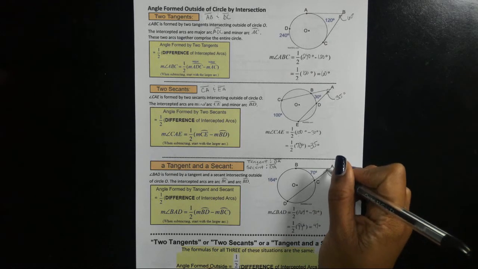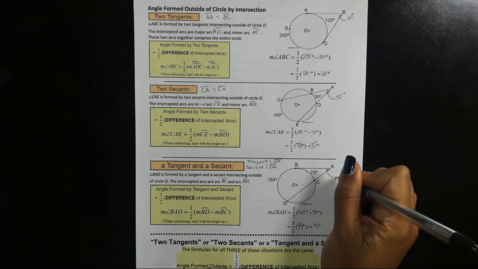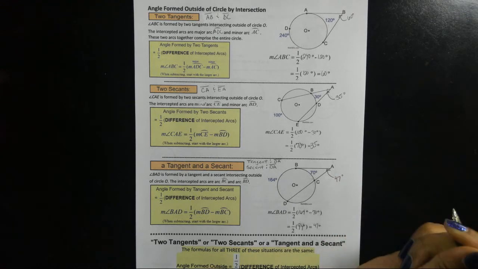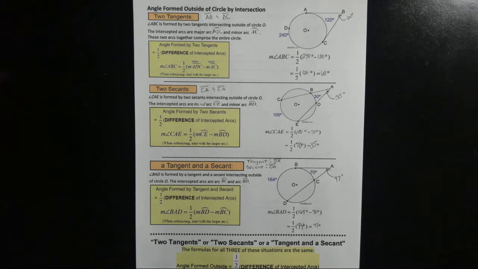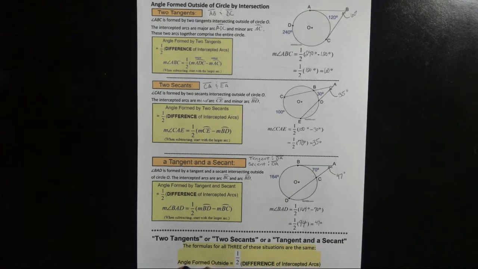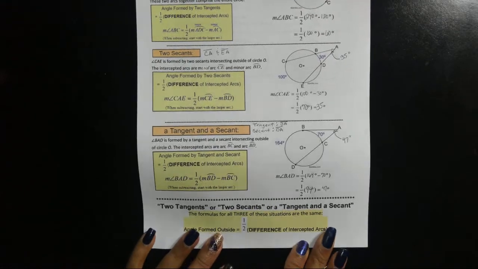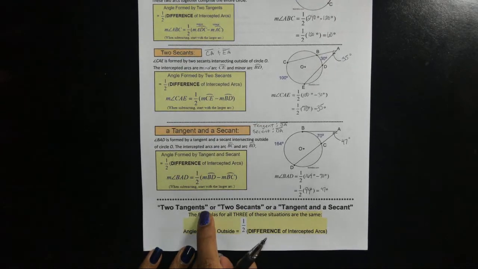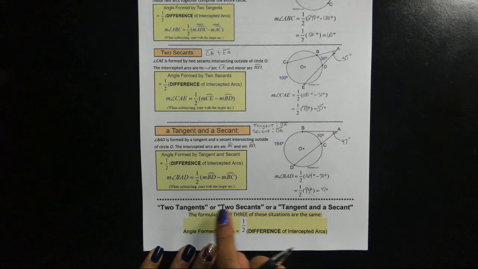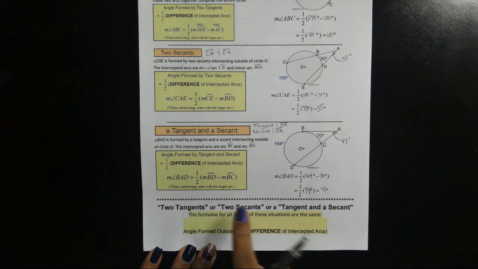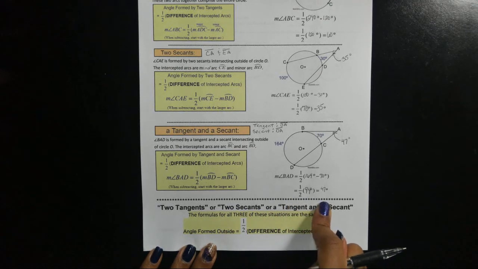Now that we have the basic information for these, the next thing that we're going to do is look down here at the bottom. And here at the bottom, we can see that there is a certain rule. It does not matter whether we have two tangents or two secants or a tangent and a secant.